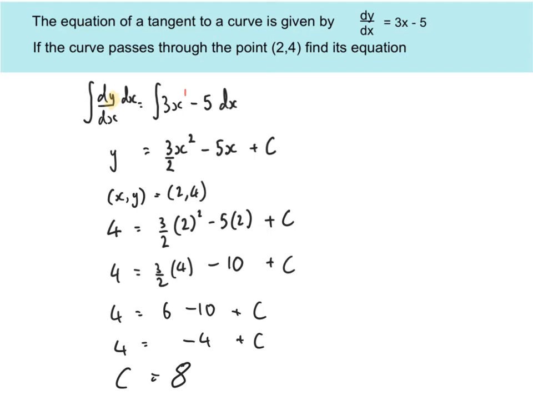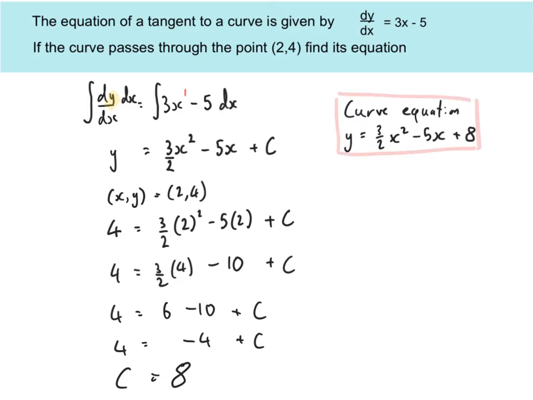So this means the curve equation is this. y equals 3 over 2x squared minus 5x, and our c is positive 8. So we have replaced the plus c with a numerical value.